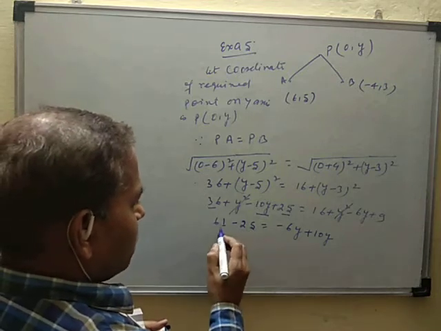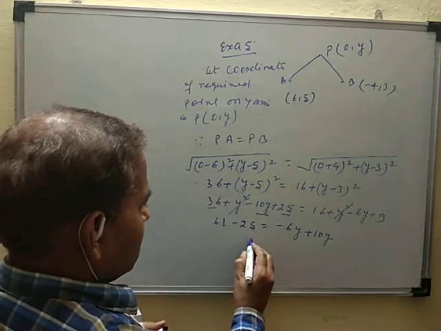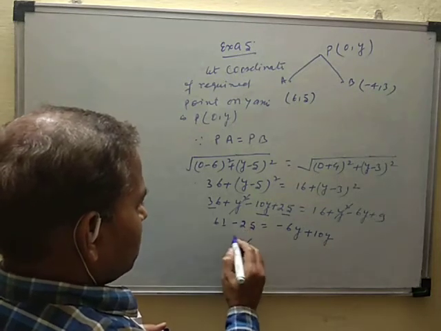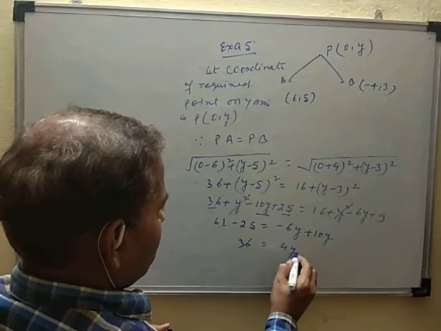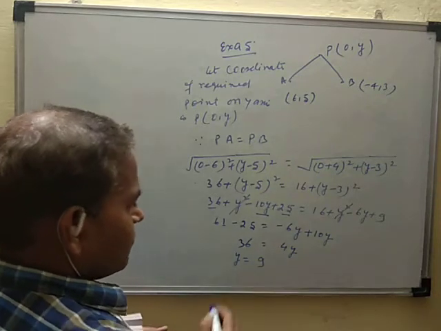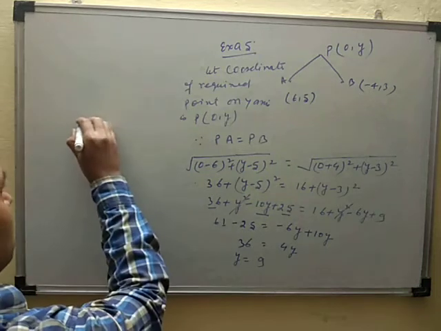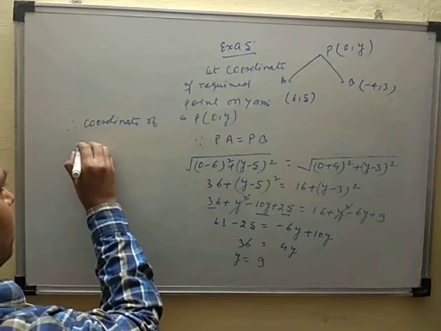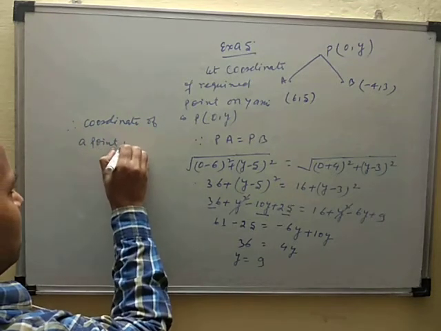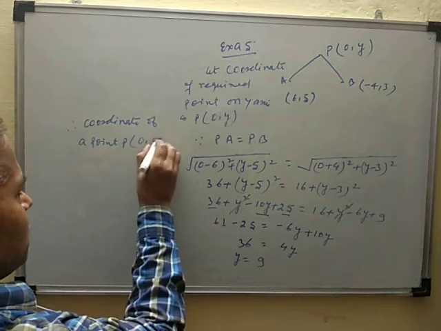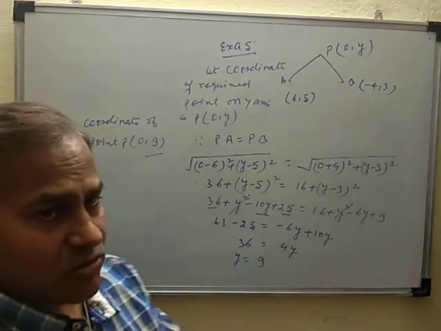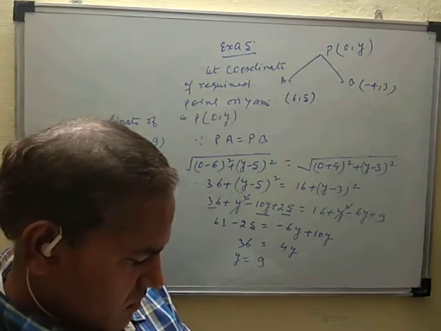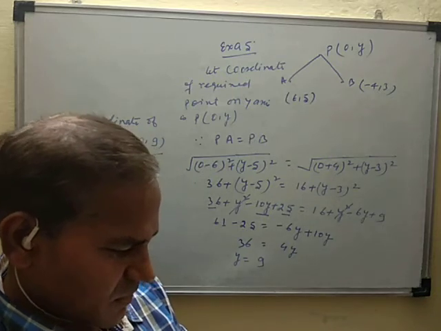So 61 minus 25 is 36, equal to 4y. So y is equal to 9. Therefore the coordinate of point P is (0, 9). So (0, 9) is the coordinate of the required point.